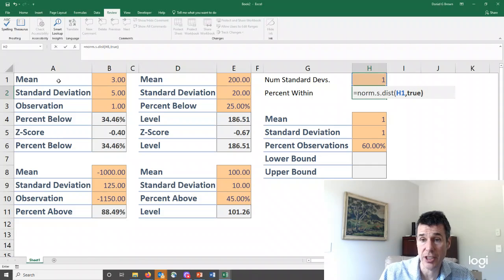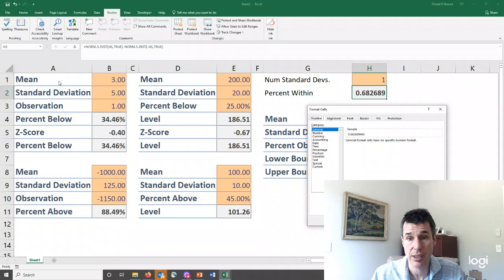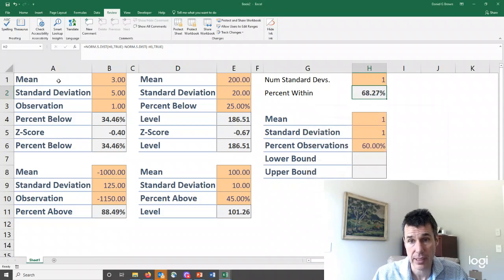So that's the percentage below 1 standard deviation away from the mean, minus norm.s.dist of minus 1, true. So 68.26, let's make that a percentage. 68.27% are within 1 standard deviation. 95.45% is within 2. 99.73% within 3.